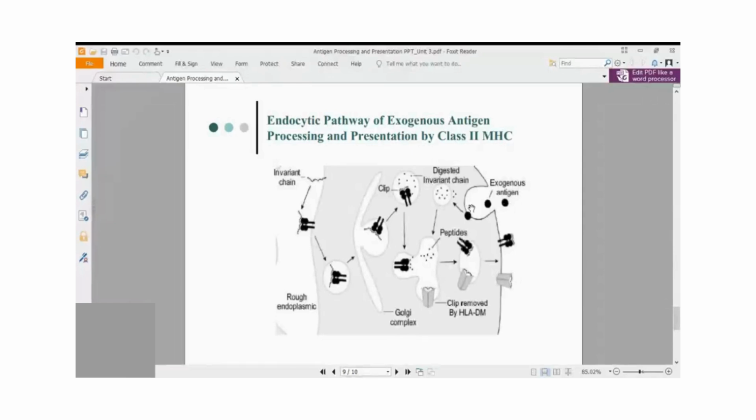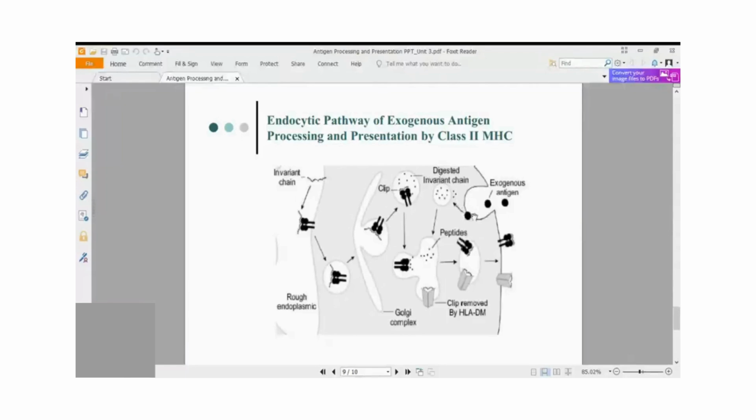Whatever may be the case, once it is internalized, that endosome or phagosome or pinosome is supposed to migrate inside and fuse with the lysosome to form a phagolysosome, and get digested.